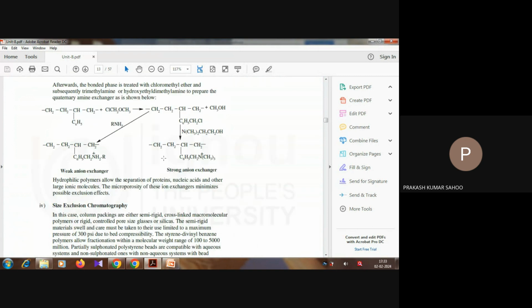When this polymeric chain undergoes some chain reaction, we have two types of ion exchangers, that is a weak anion exchanger and a strong anion exchanger. The strong anion exchanger is with benzyl chloride, and the weak anion exchanger is with RNH2.